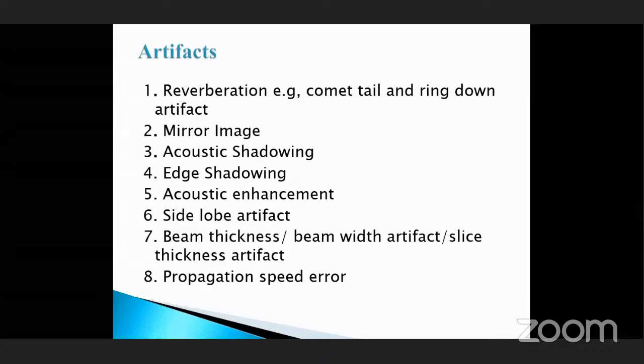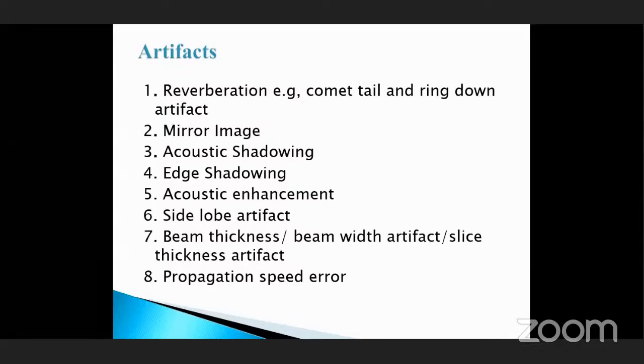Now, acoustic enhancement. Actually, in ultrasonography, we consider a general principle that ultrasound travels at the same speed in all the tissues of the body, but it is not so. The speed of propagation is different in different tissues.